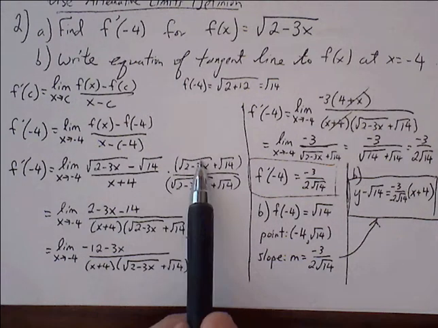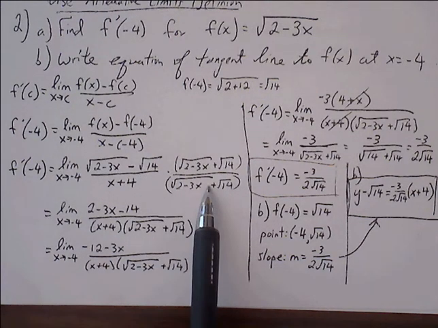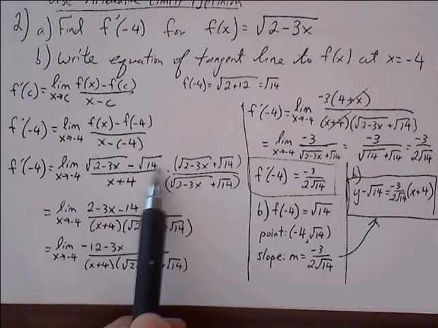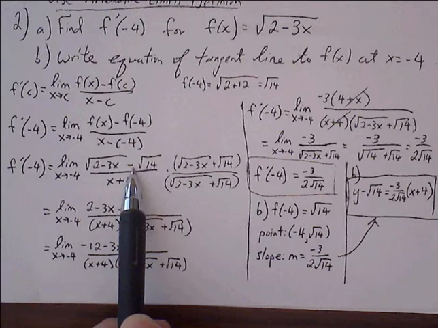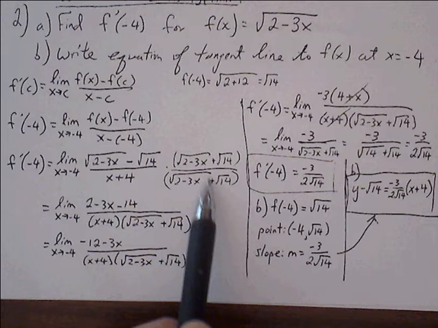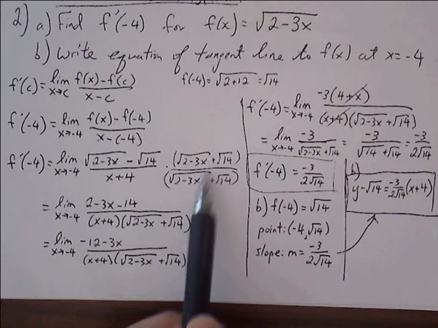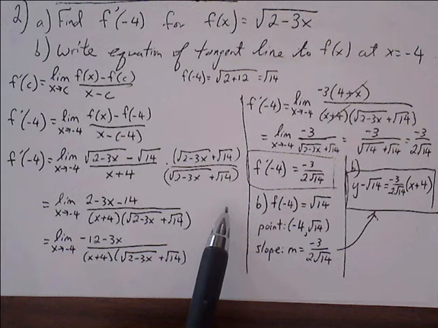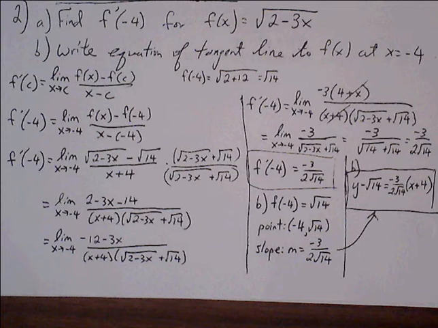So we multiply the numerator and denominator by the conjugate. The conjugate means we take the full expression here, and the only thing we change is the sign. So the negative becomes a positive, and we put these two terms over one another, which essentially is multiplying by 1. So we're not changing anything. We're just putting this limit expression into a form that is more useful to us.